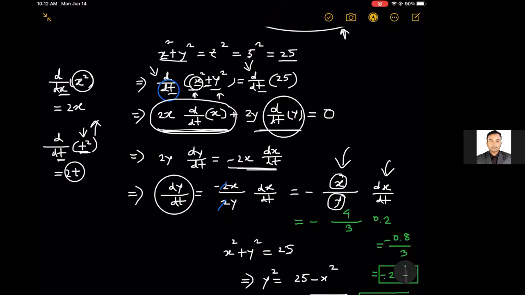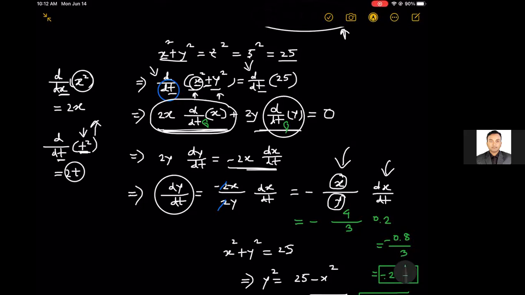Since I'm trying to find the rate of change in terms of time, that's why these are t's. We're not really trying to convert anything, because the rate of change is in terms of something, but it doesn't need to be t all the time.